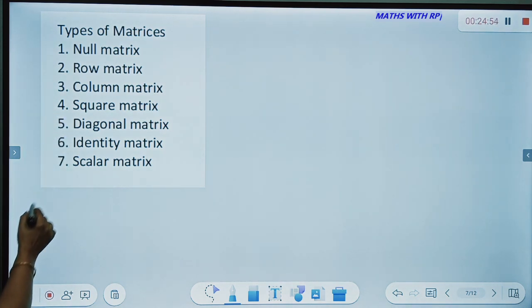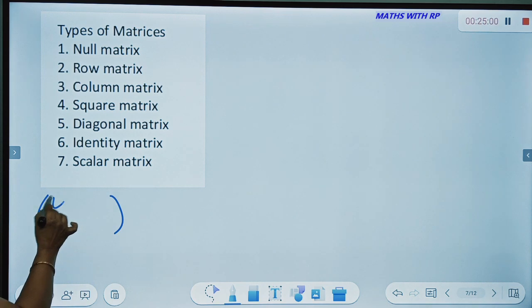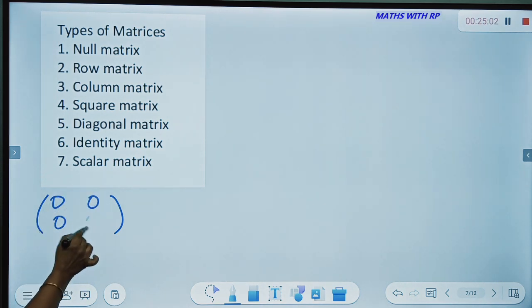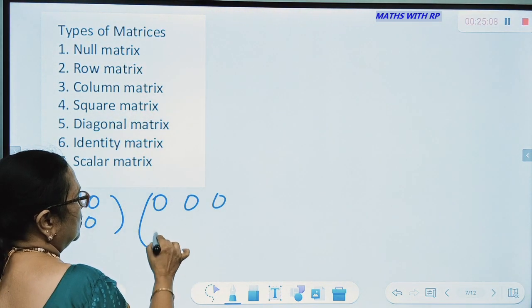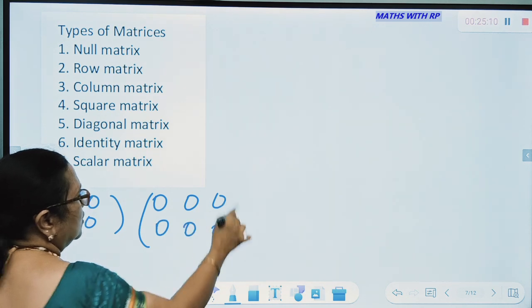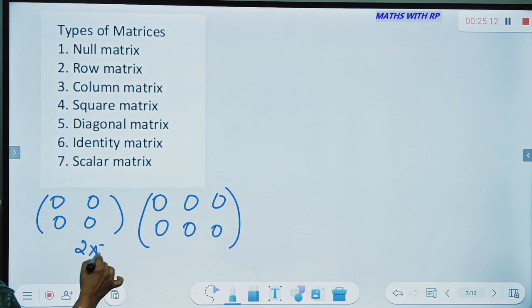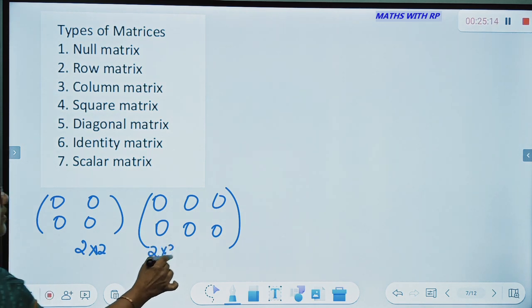A null matrix is a matrix which consists of only zeros. So you can make your own matrix, say 0, 0, 0, 0. This is a 2 by 2 null matrix, or 0, 0, 0, 0, 0, 0, which is a 2 by 3 null matrix. So a matrix whose elements are all zeros is called a null matrix.